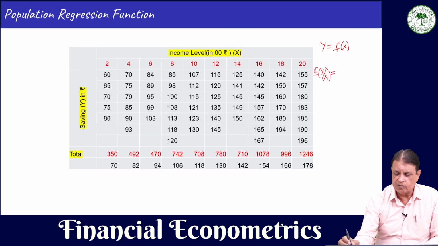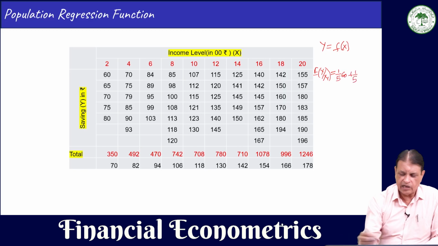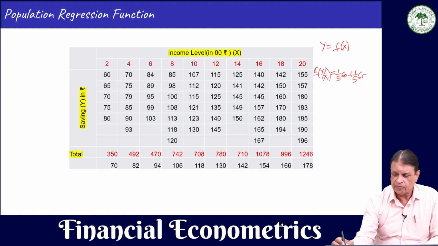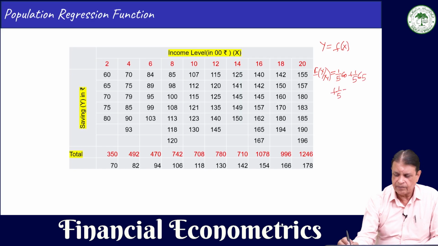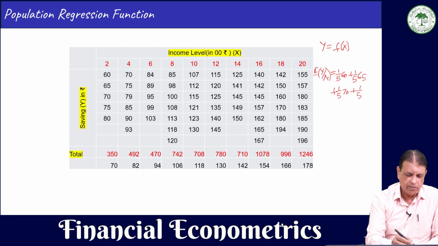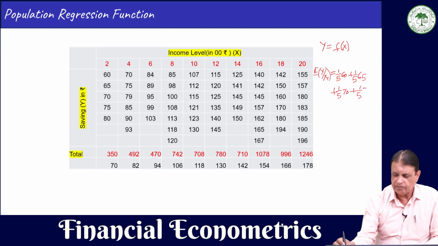It will be equal to 1 upon 5 multiplied by 60, plus 1 upon 5 multiplied by 65, plus 1 upon 5 multiplied by 70, plus 1 upon 5 multiplied by 75, and plus again 1 upon 5 multiplied by 80.